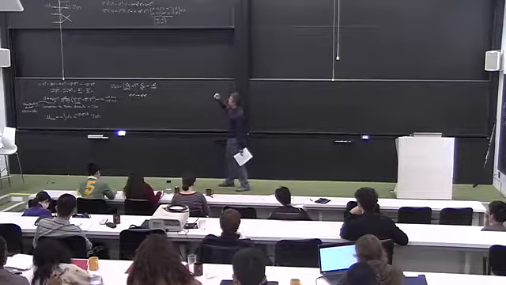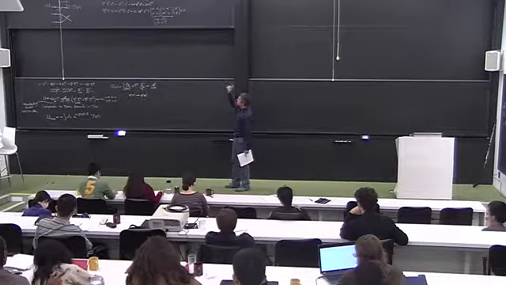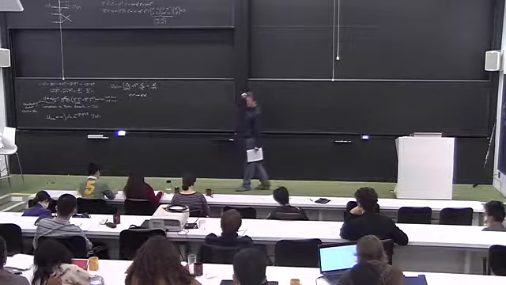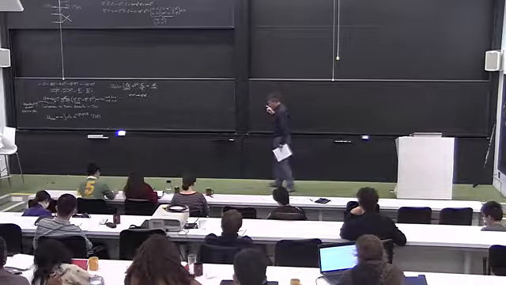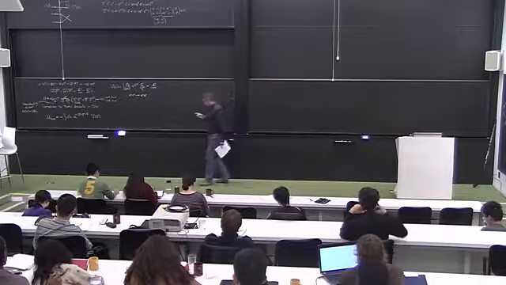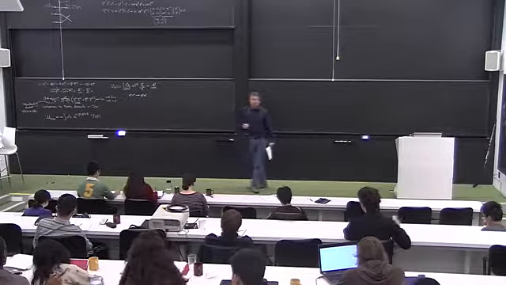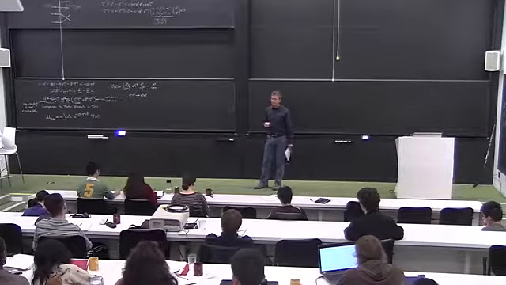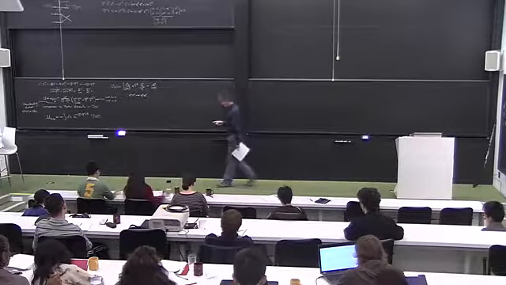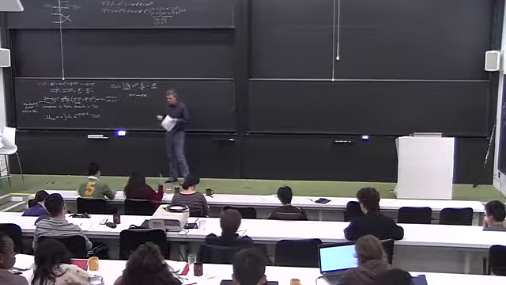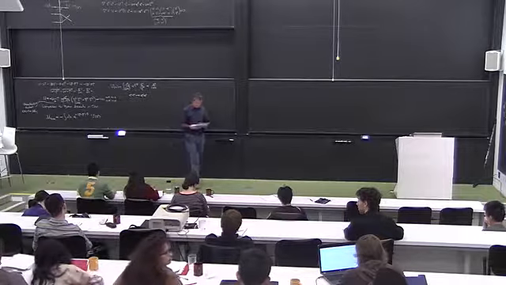One can just compute the amplitude for arbitrary momenta, and then use this formula. The exact formula was obtained, I think, by Møller. So this process of electron-electron scattering of relativistic electrons is called the Møller process.